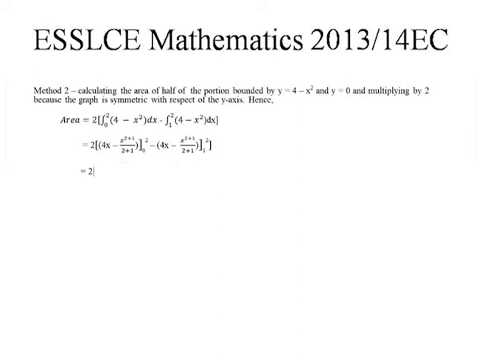equal to 2 times 4x minus x to the power of 3 divided by 3, x ranging from 0 to 2, minus 4x minus x to the power of 3 divided by 3, x ranging from 1 up to 2.